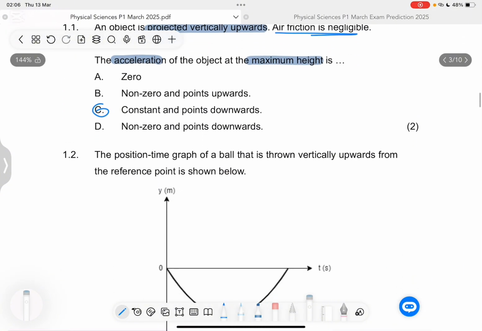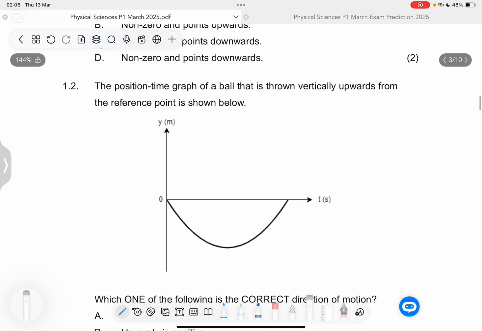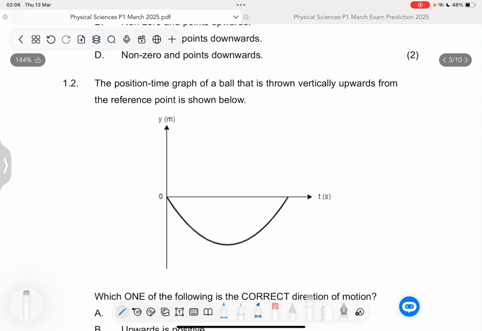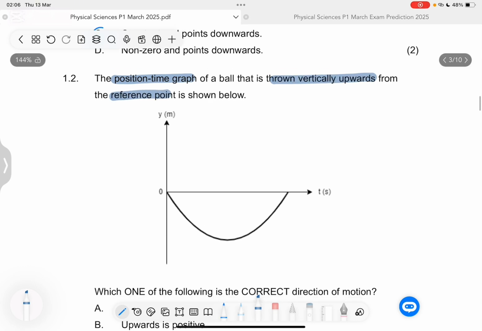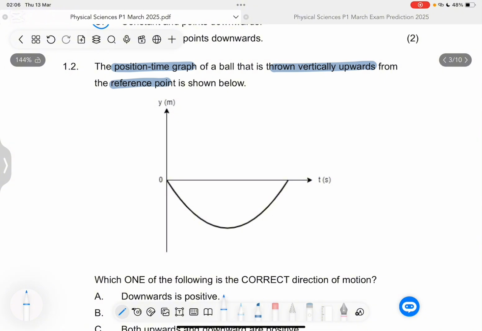Now we can go to question 1.2. Question 1.2 says the position versus time graph of a ball that is thrown vertically upwards from the reference point is shown below. Now let us interpret this graph.